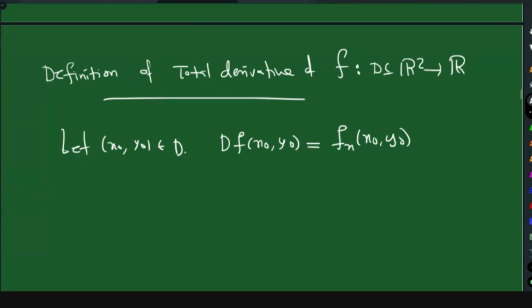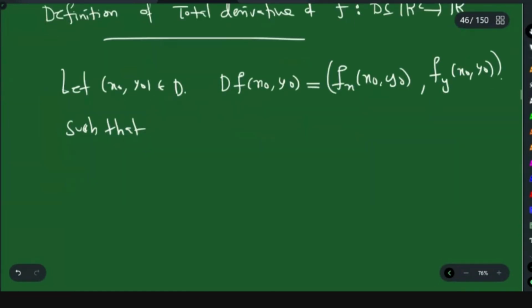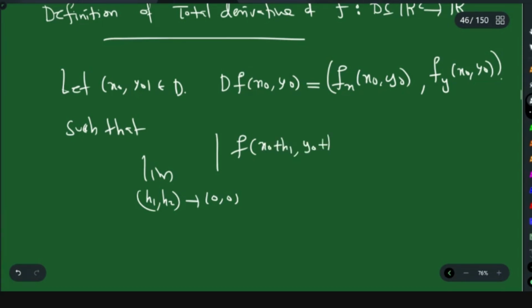You can think of this as a vector, fx at (x0, y0) and fy at (x0, y0), such that the limit as (h1, h2) tends to (0, 0) of the modulus of f of (x0 plus h1, y0 plus h2) minus f of (x0, y0) minus df at (x0, y0) into h1, you have to take the dot product.